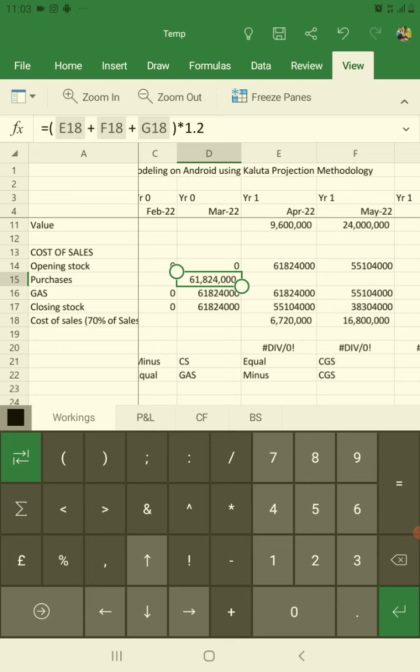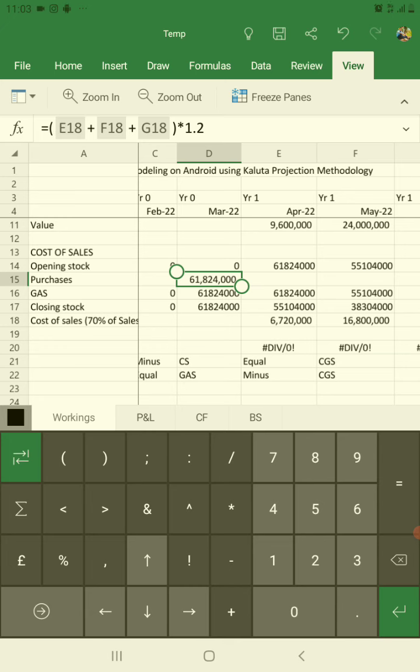So this is what I'll purchase, and the purchases need to be paid somewhere before, but in March, this is where we are recording our purchases.